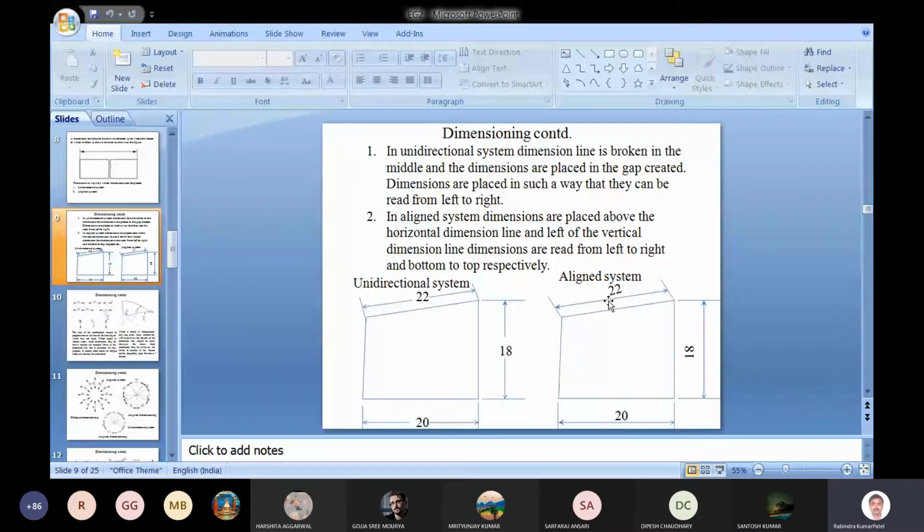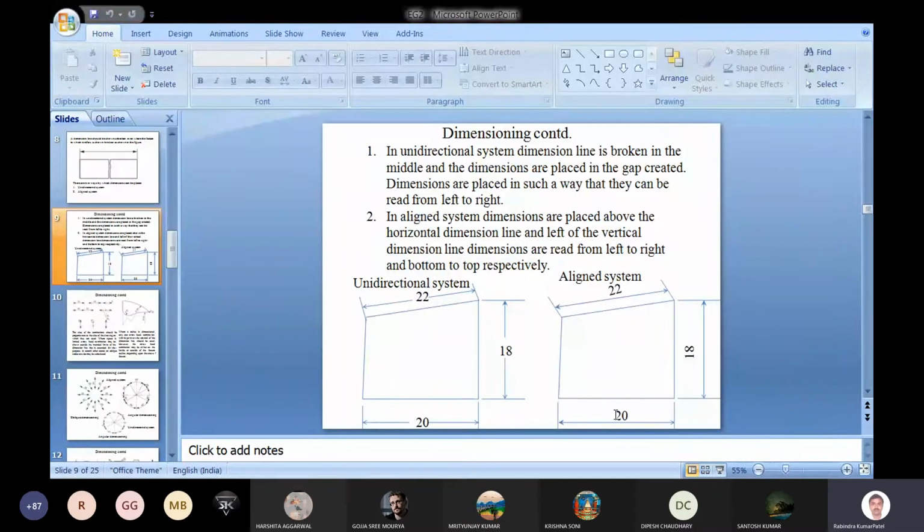So one difference from the unidirectional system is that we don't break the dimension line in case of the aligned system. Another thing is that if we place the dimension numeral on the dimension line, it should be read in different ways.